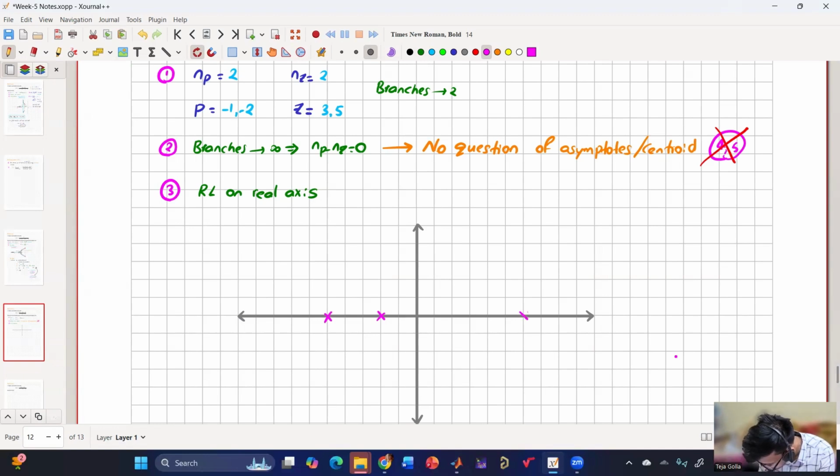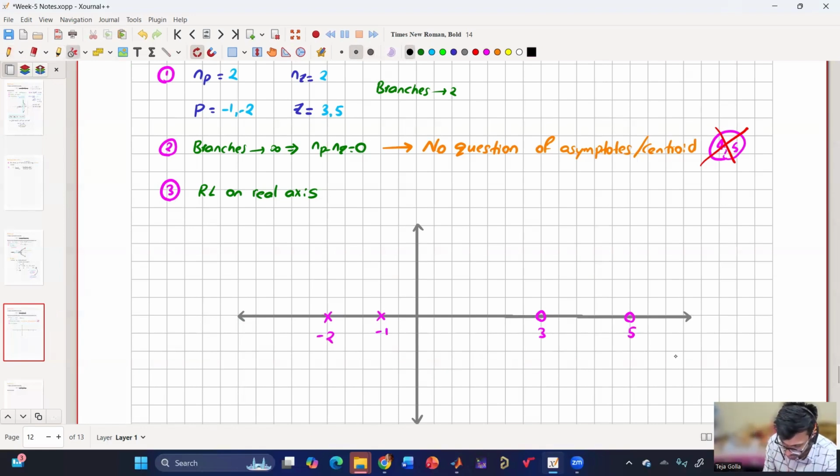Then 3 and 5, and this should be the origin, 0. So this is 3, this is 5, this is -1, this is -2.